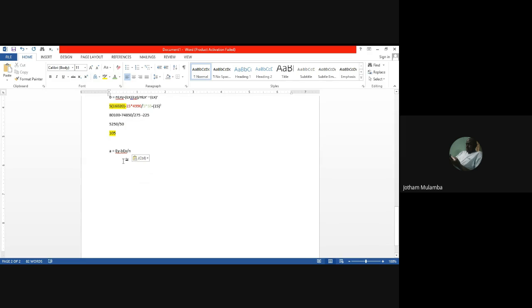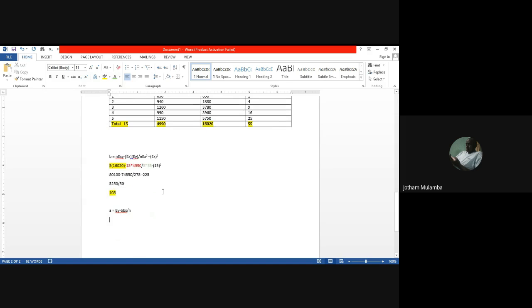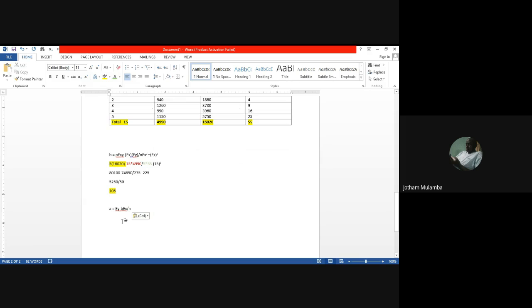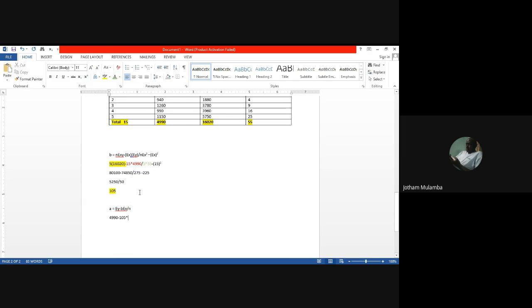A is equal to summation of Y, which is 4990, minus B times summation of X. B is 105, times summation of X, which was 15. So that's 105 times 15.